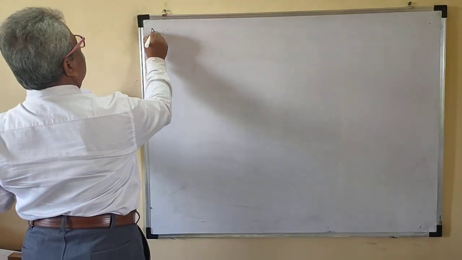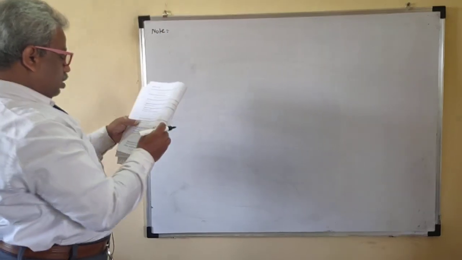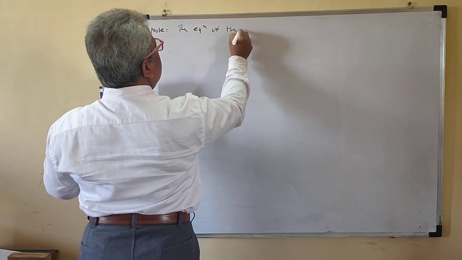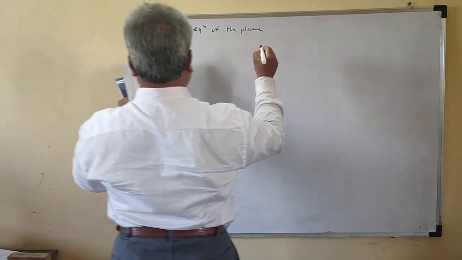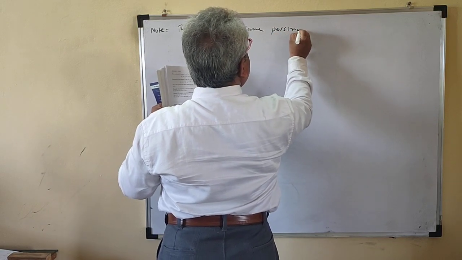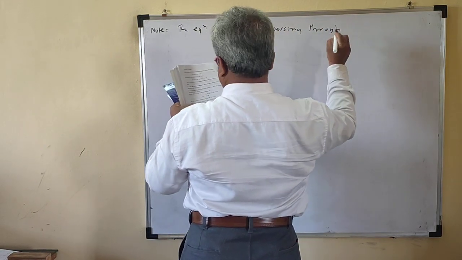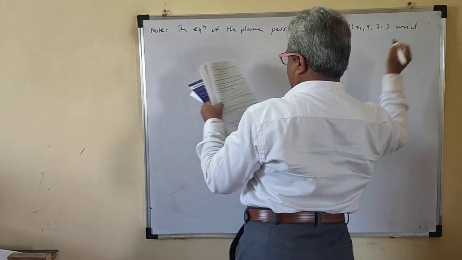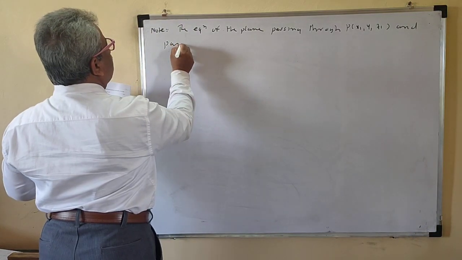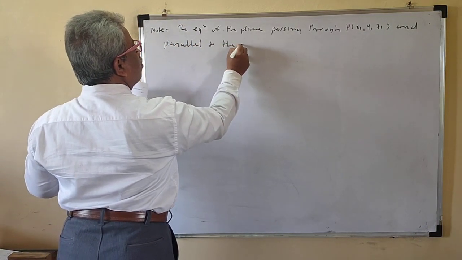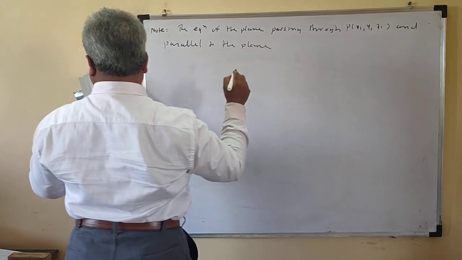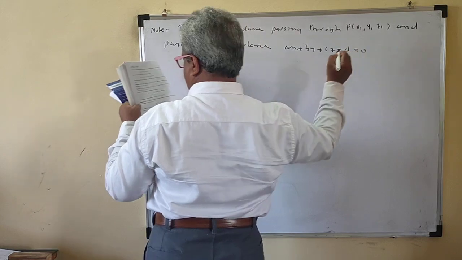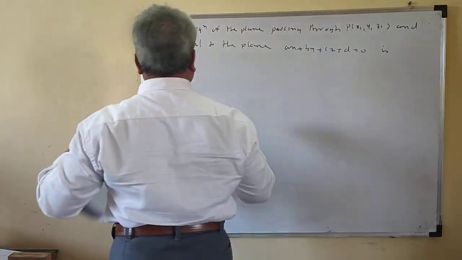We'll make a note now. The equation of the plane passing through P(x1, y1, z1) and parallel to the plane ax plus by plus cz plus d is equal to 0 is very simple.